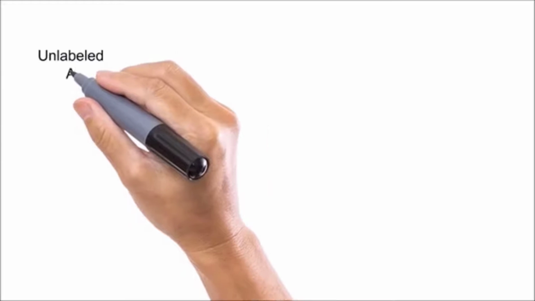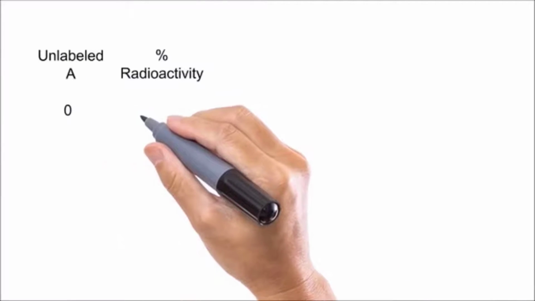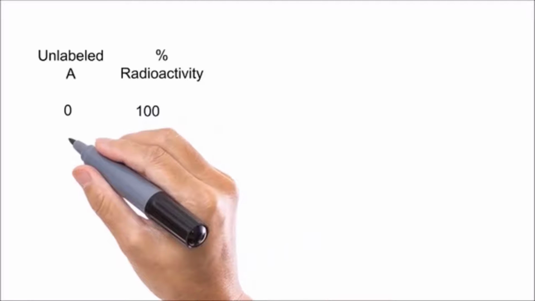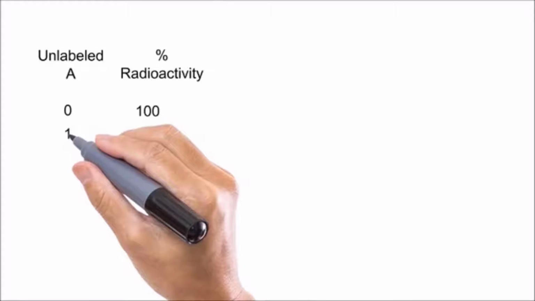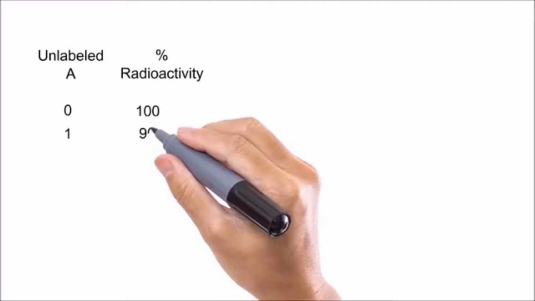Now tell me, what will happen if we repeated all the process again, but by increasing the concentration of unlabeled antigen? First, let me write the things here. So first we added 0 nanogram of unlabeled antigen and radioactivity was 100%. Then we added 1 nanogram of antigen and radioactivity became 90%.